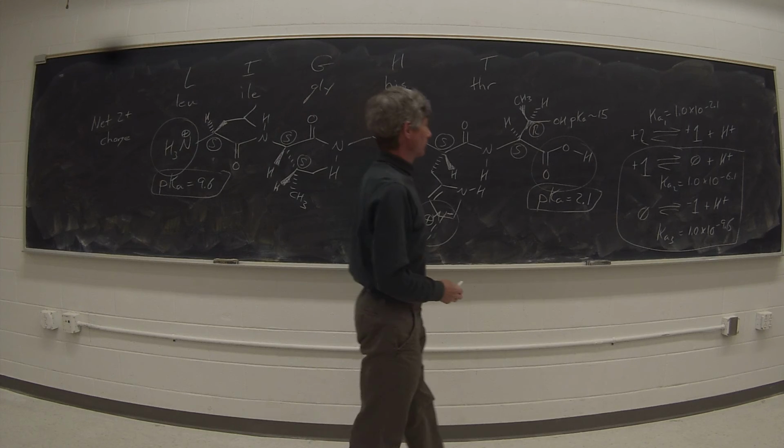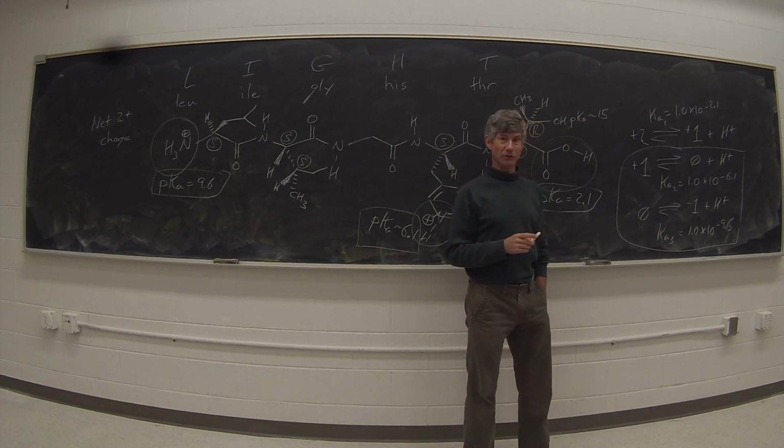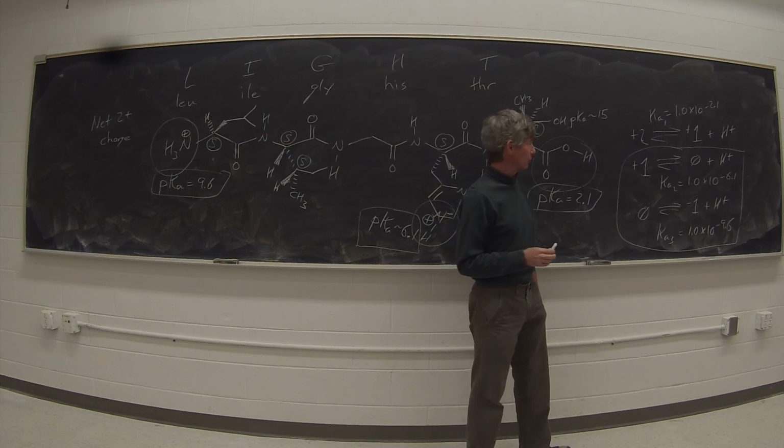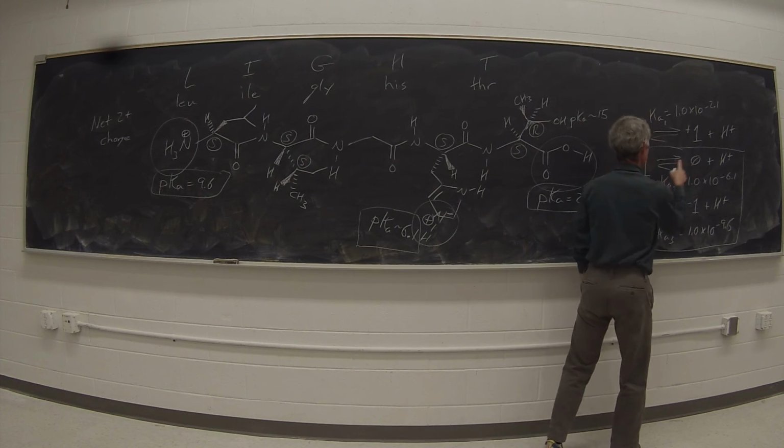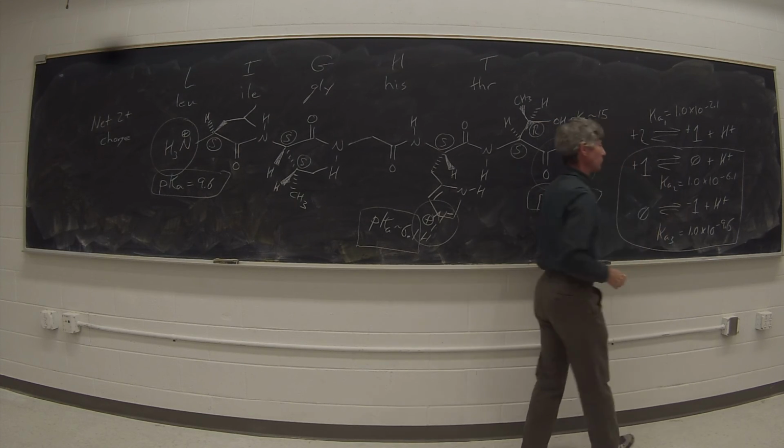The definition of the isoelectric point is the pH at which the peptide is net electrically neutral. Right? It won't all be neutral, but there will be an equal concentration of the +1 and the -1 species.